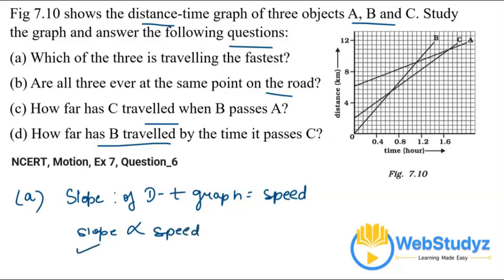That is, the more the slope, the more the speed. If the slope is less, then speed will be less. So we can see clearly from the graph that the slope of B is the greatest here. So B is traveling the fastest. So the answer is B.